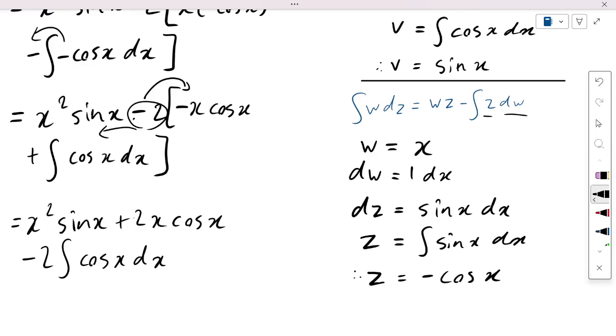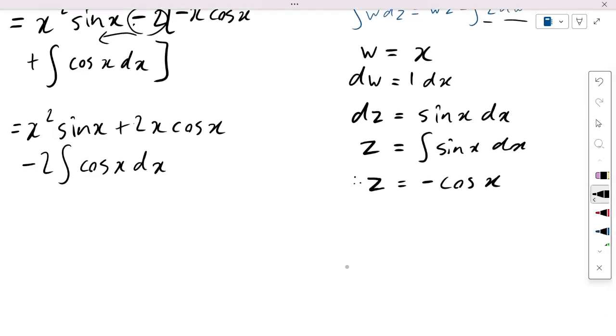Great. Now, from here, we can actually just take the integral of cosine x with respect to x. It's easier now. Do you see that? So therefore this is going to be equal to x squared sine x plus 2x cosine x, and note we can write it in one line so it looks better now, minus 2, and then bracket, we're just going to integrate this.